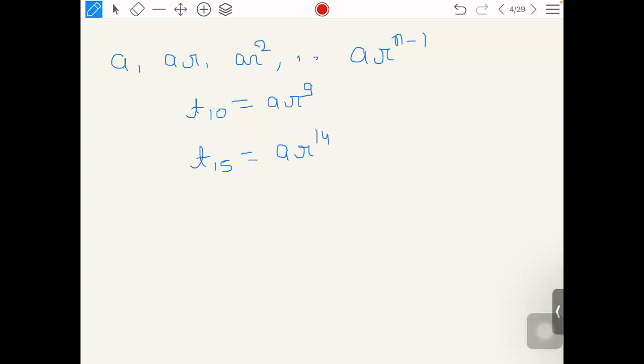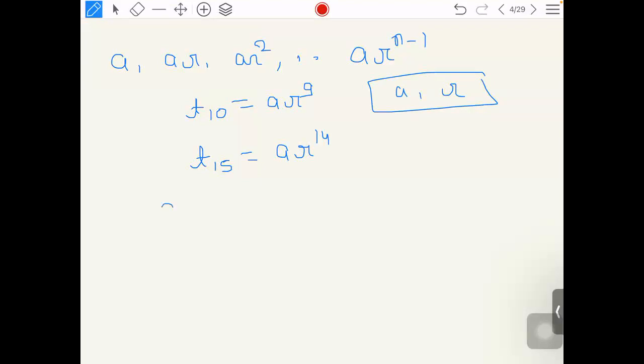So this is called GP. Basically, the definition is that the ratio of two consecutive terms is always constant, and that constant is called the common ratio. a is the first term and r is the common ratio. These two are the main parameters which define this particular geometric progression or GP.